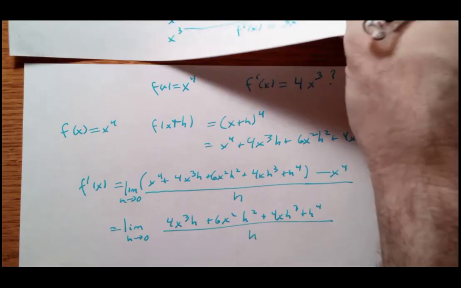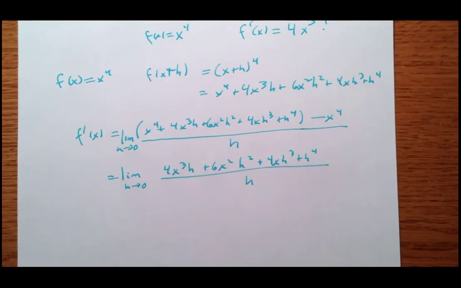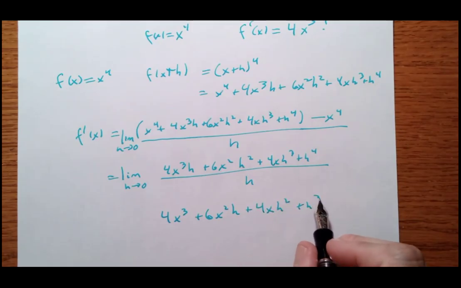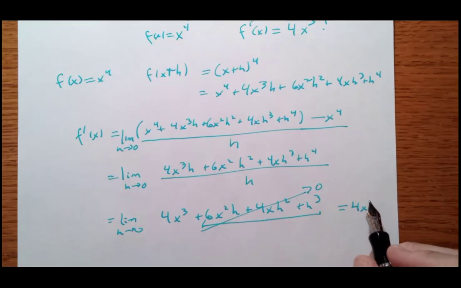And everything that's left behind has an h in it, which means those h's will cancel with the h on the bottom. But we're still taking the limit as h goes to 0, so everything with an h in it gets turned into a 0. And that means the only thing that survives is my 4x cubed.